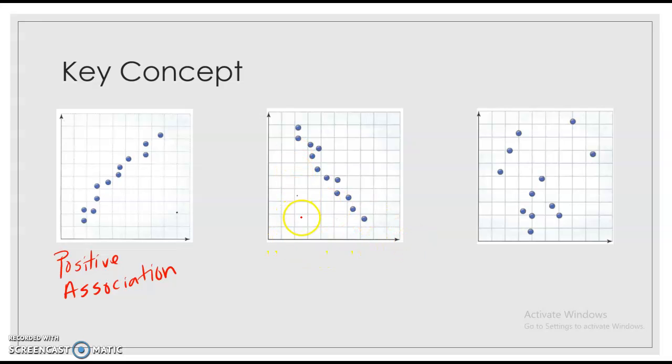But if y decreases as x increases, this causes a negative association. And that's an O and not an R. And then if x is increasing and y is doing its own thing, that's a no association.